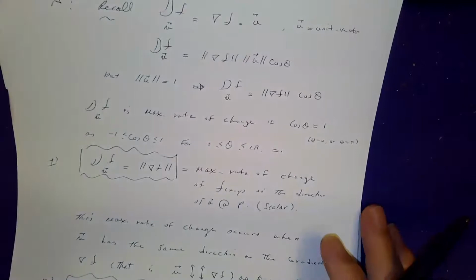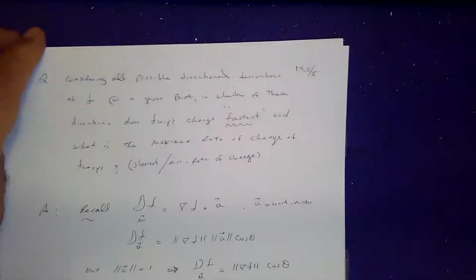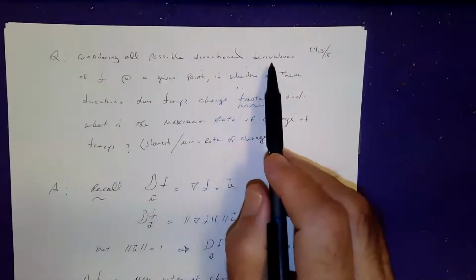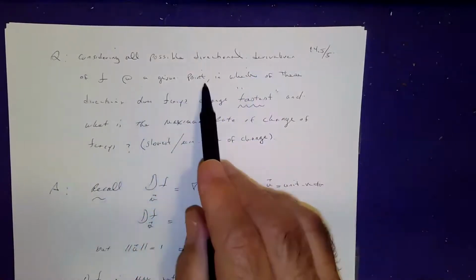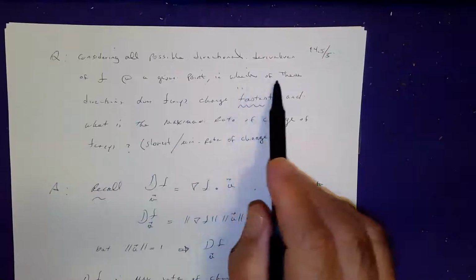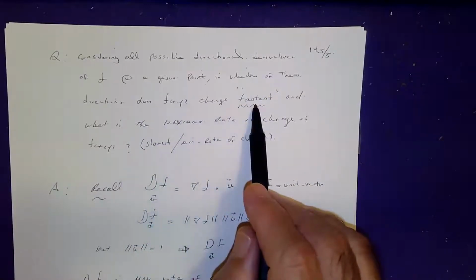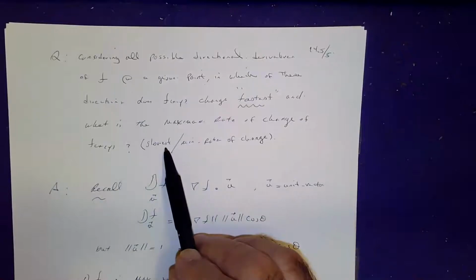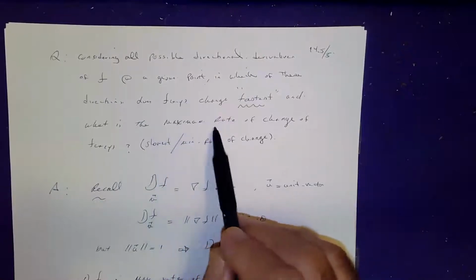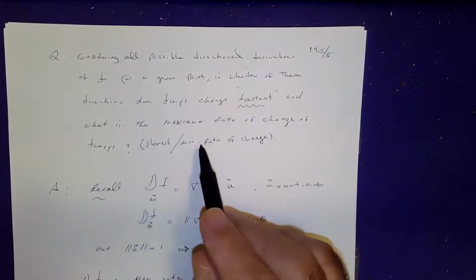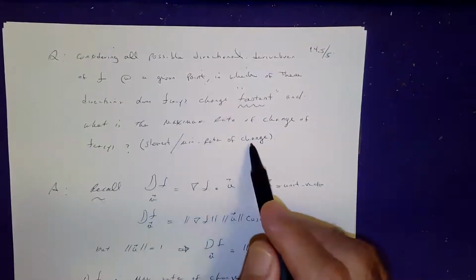Okay. So one of the burning questions in this section is, of all the possible directional derivatives of f at a given point, in which of these directions does f change fastest or slowest? And what is the maximum rate of change of the function? And what is the minimum rate of change?